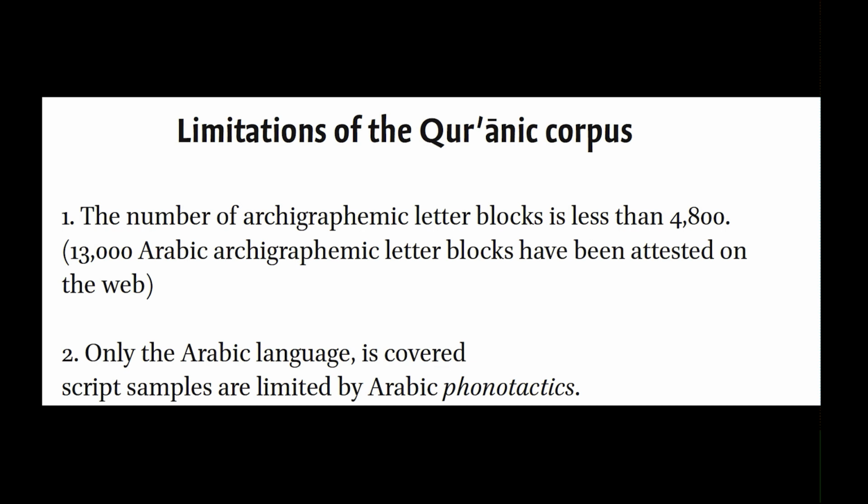And it's only in Arabic, and if you are aware of the principle of phonotactics, that means that even if you have a certain number of phonemes, not every combination of these phonemes exists. For instance, the word psychology in English is not pronounced with a P in initial position because the PS combination is not spoken in English, and if you write phonetically, you don't write it. And so since the Arabic language is written rather phonetically, you won't find anything that doesn't occur. So, these are the drawbacks, but still it's enough to glean the rules from it.